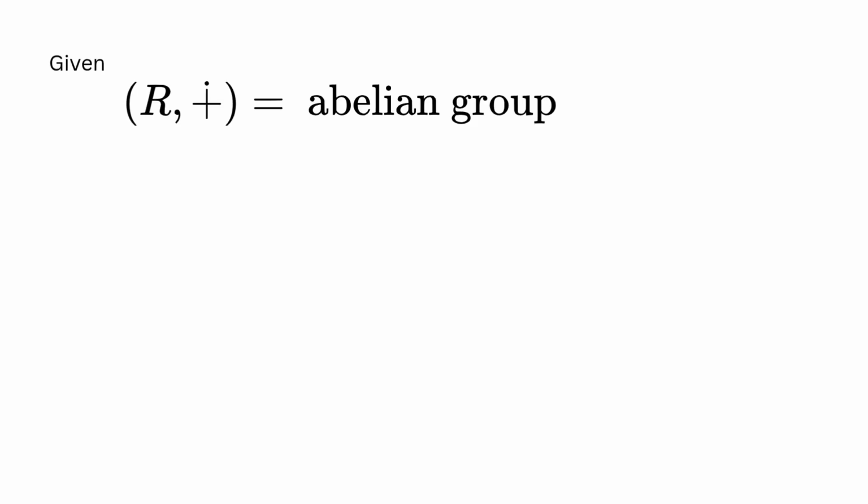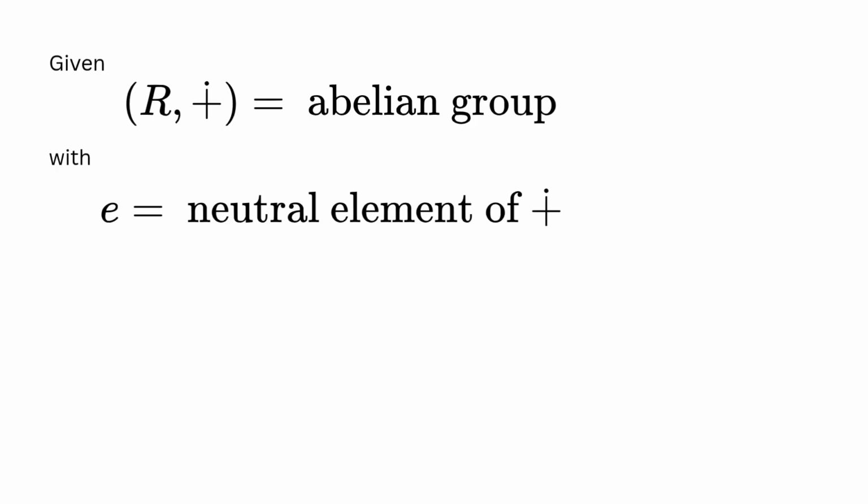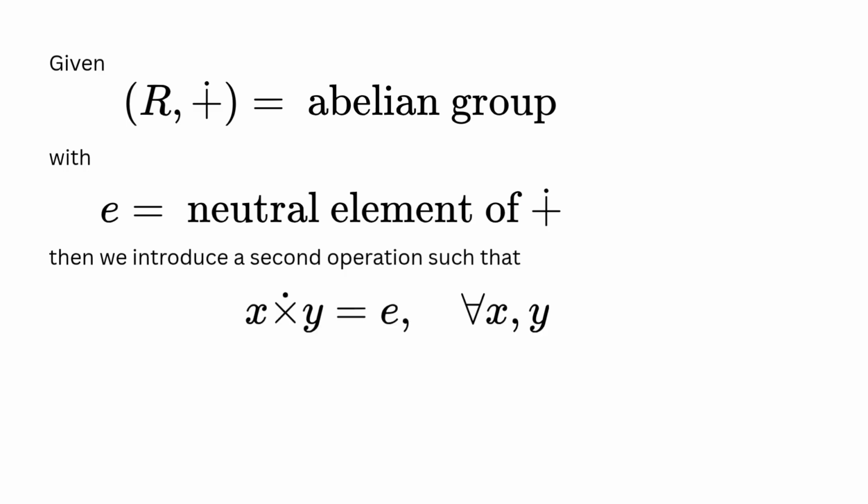There is another case of boring rings. Given an abelian group whose neutral element is E, we can always add a second operation such that X dot times Y equals E for all elements X and Y in R. To understand the previous definition, imagine if the multiplication of any two numbers in the set of real numbers always resulted in zero.